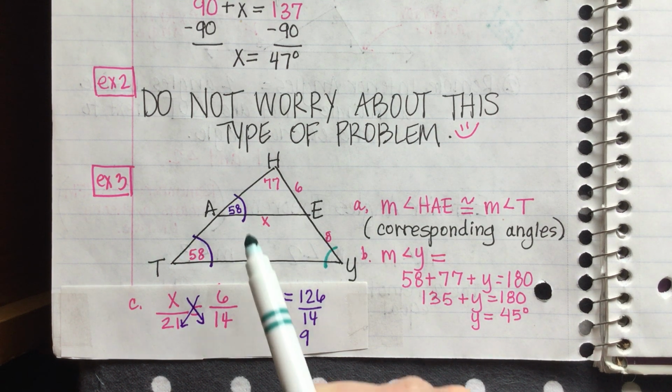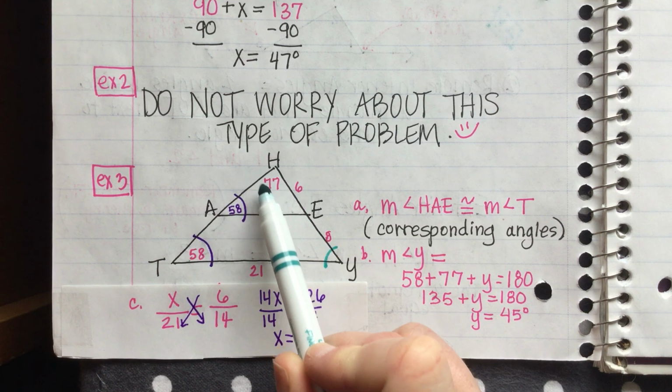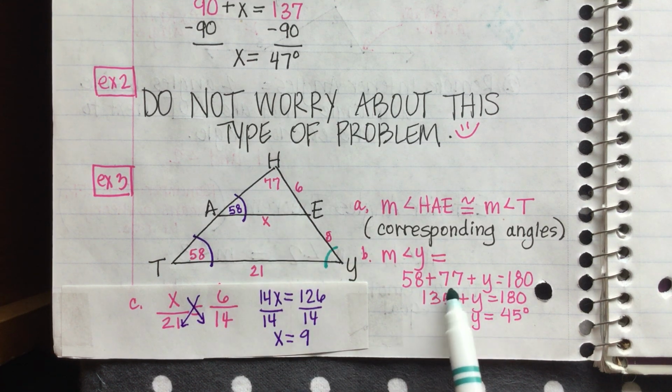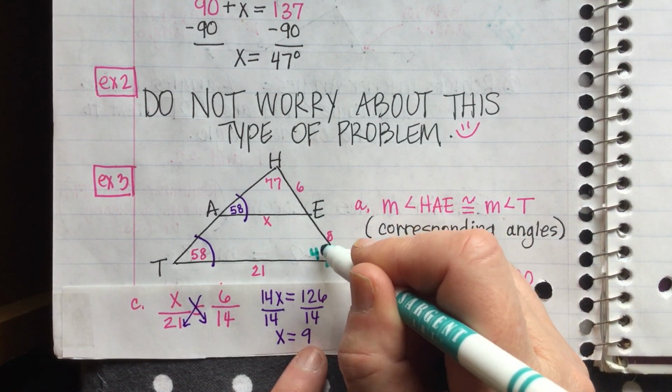So if I take this measure of T, which I just found is 58, and I take the measure of H, which they gave me in the problem is 77, and I add Y, that's what I'm looking for, I know that's going to add up to 180 because every single triangle adds up to 180. Go ahead and combine like terms. 58 plus 77 is 135. Subtract 135 from both sides, and you found that the measure of angle Y is 45 degrees.